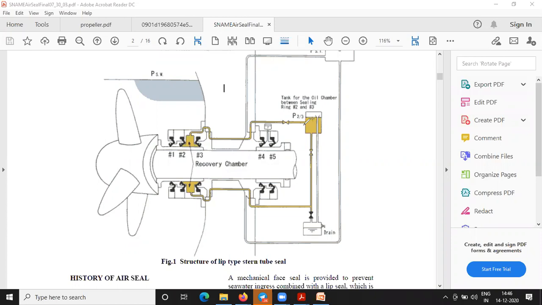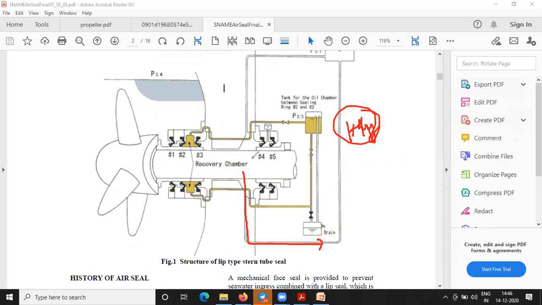Sir, can you explain how the oil circulates once more? See, what is the type of lubrication which is forming between the stern tube bearings and the shaft? Hydrodynamic. Right, hydrodynamic. The hydrodynamic pressure created here is certainly more than the load of the shaft.